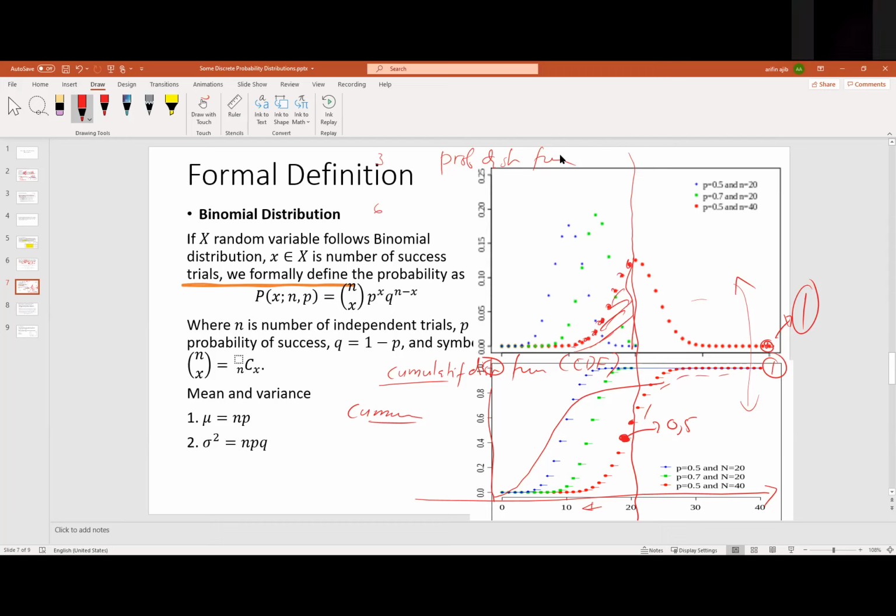Sir, I still don't understand why the binomial graph is like a bell curve, but for the cumulative distribution, the curve goes up and then gets flat. I mean, it's different.